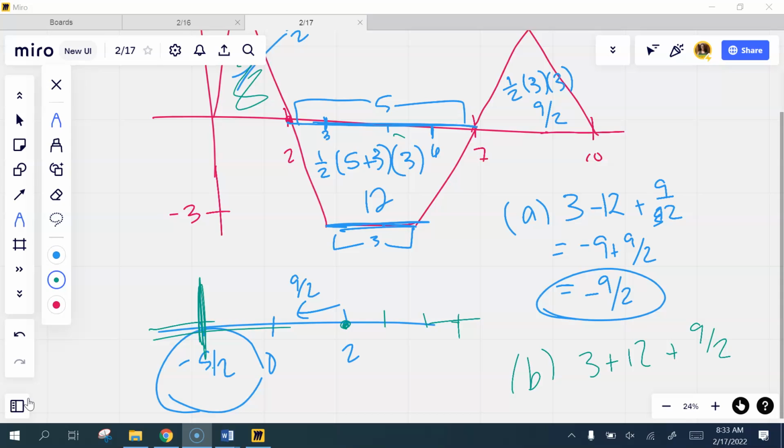And so the reason why the answer is not negative 9 over 2 is because we started at 2. If we had started at 0, this would be the answer. It'd be negative 9 over 2. But because I started at 2 and not at 0, I had to take that into account.